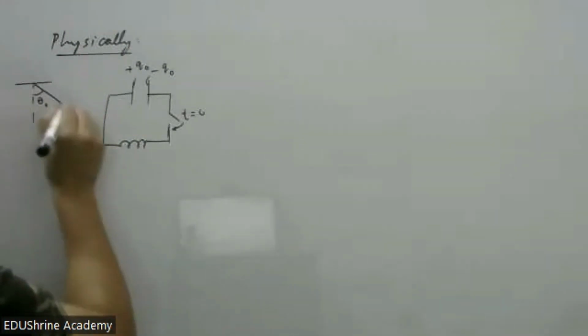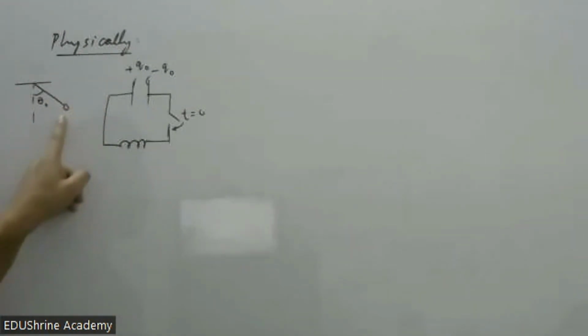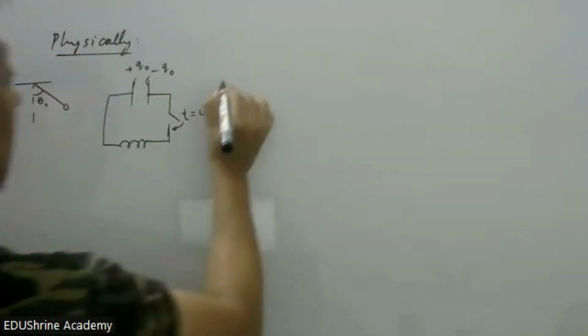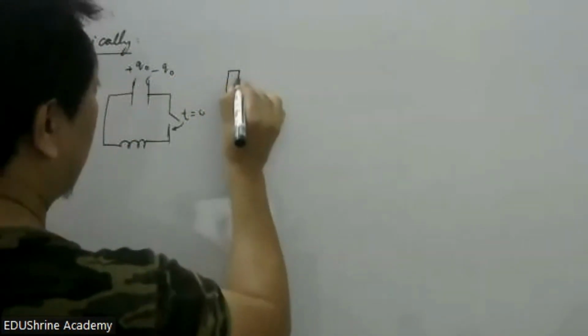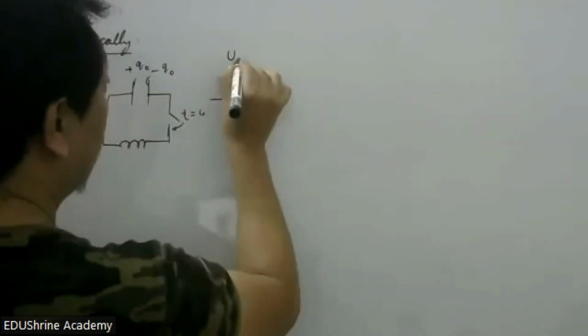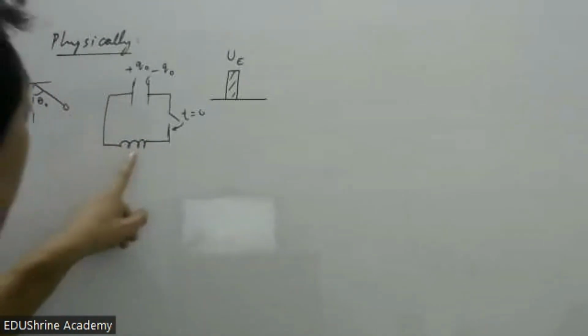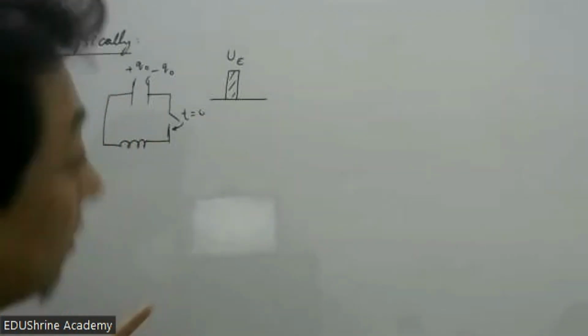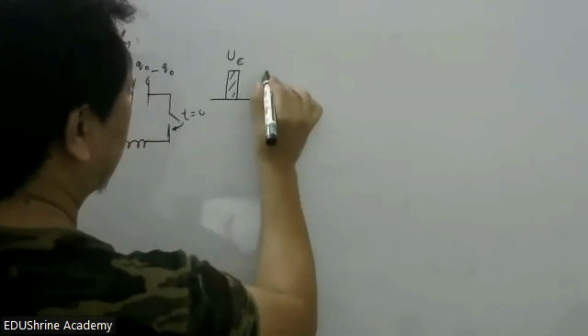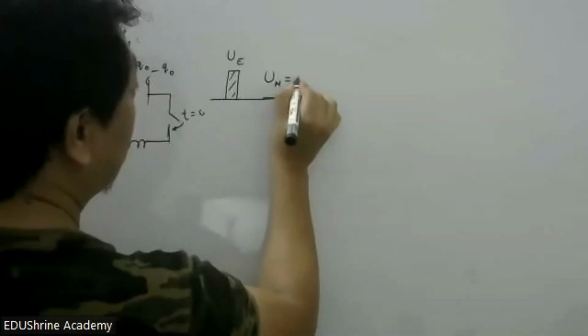Here electrostatic energy is stored. So let me show this bar as electrostatic energy, UE. And right now there is no current, the circuit is open, so the magnetic energy is 0.